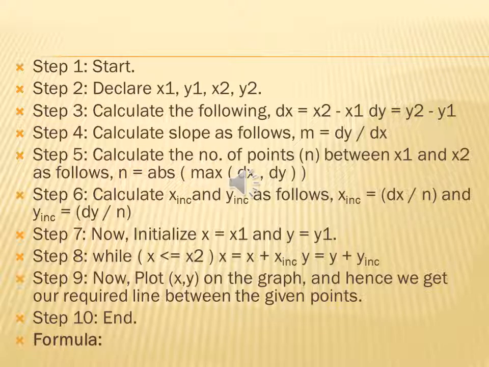Now the DDA algorithm steps are here. Accept the two endpoints xa, ya and xb, yb. Then declare x1, y1, x2, y2. Then find out the horizontal and vertical difference between the points: dx is equal to xb minus xa and dy is equal to yb minus ya.